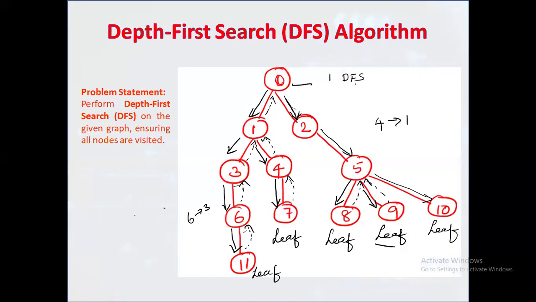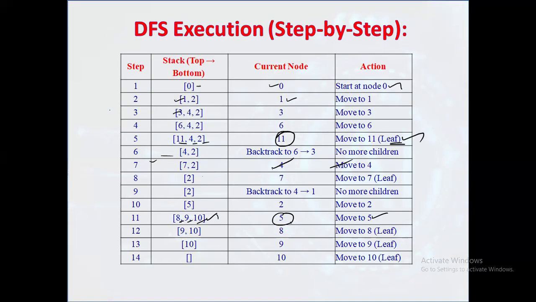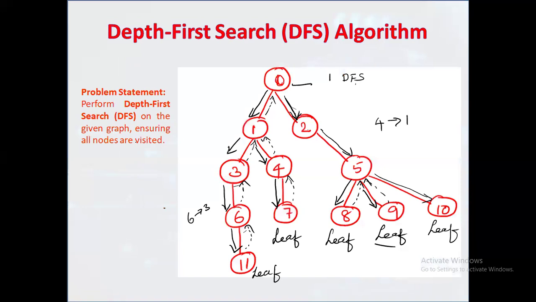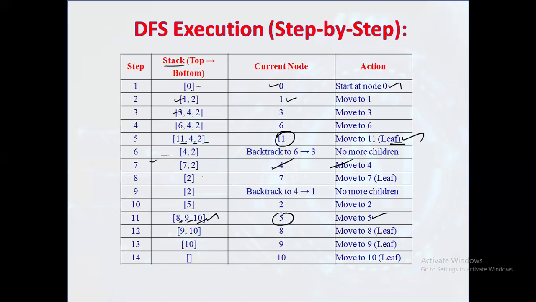For this problem, there are 14 steps to be followed, and stacks. There are values available in the stacks, and the stacks are to be filled from top to bottom, not bottom to top. From top to bottom, you have to enter the action to be done for each move.